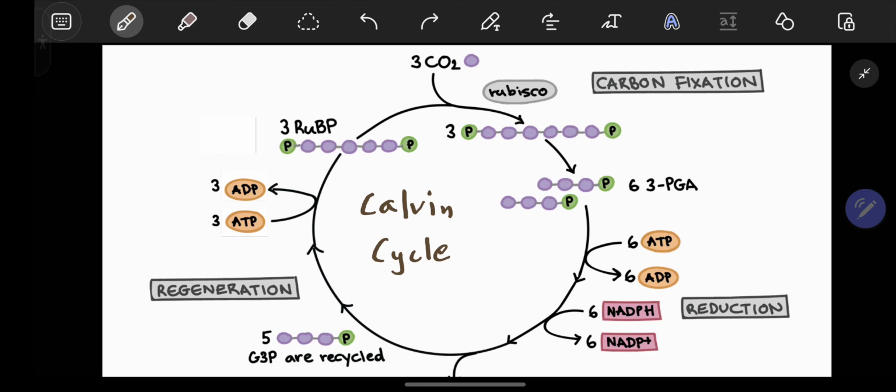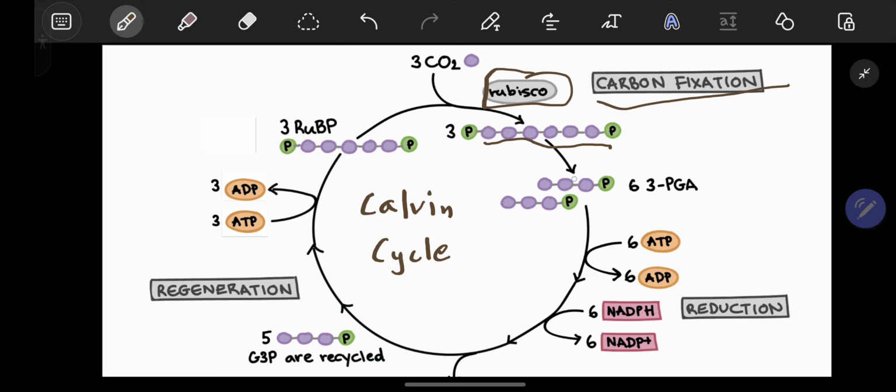At the beginning of the Calvin cycle, carbon fixation occurs. A CO2 molecule combines with a 5-carbon acceptor molecule called ribulose 1,5-bisphosphate, also known as RuBP, with the help of an enzyme called Rubisco, which is shown right here. And that results in this 6-carbon compound.